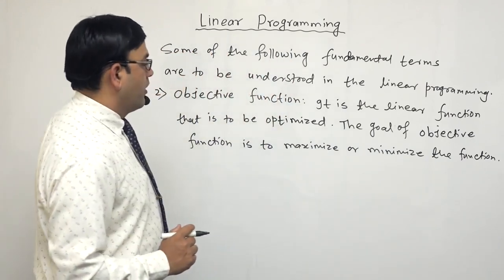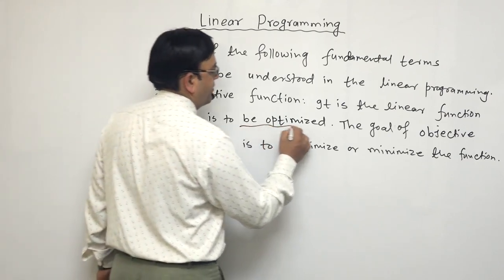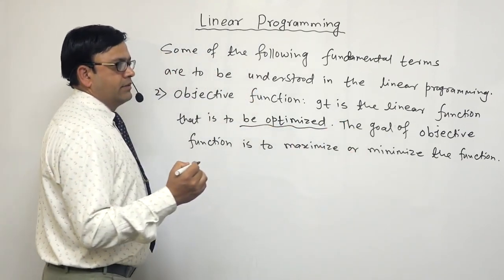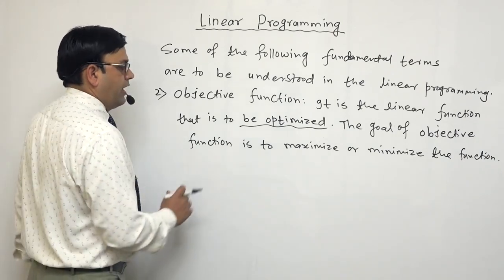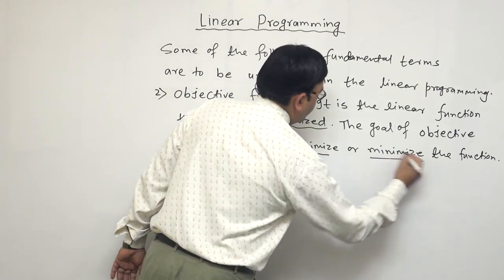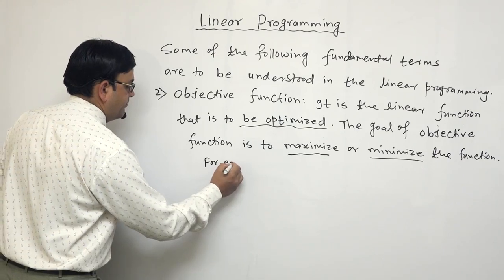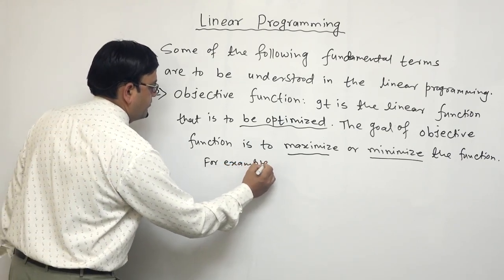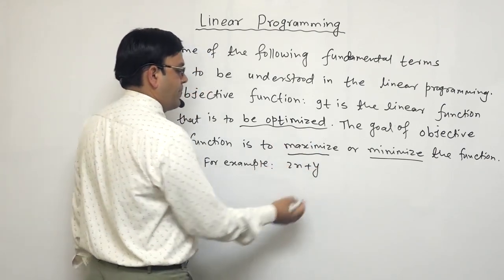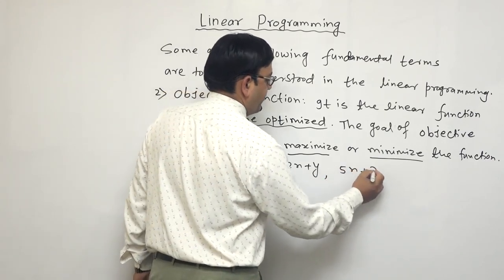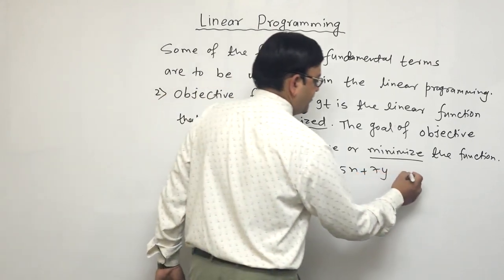Dear students, objective function is a linear function that is to be optimized. The goal of objective function is to maximize or minimize the function. For example, 2x plus y, 5x plus 7y, etc. are the examples of objective function.